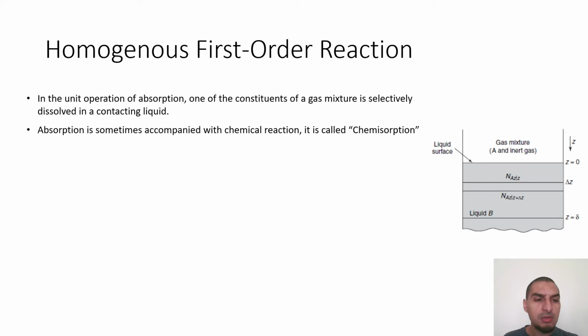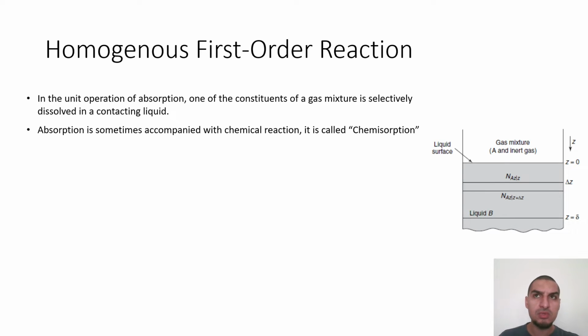We have already talked about absorption before, and we said that absorption is a process where a gas mixture is contacted with a solvent, and this solvent is able to dissolve one of the components of the gas mixture. It's used industrially a lot, such as purification of gas from contaminants, or natural gas from acid gases, or whatever.